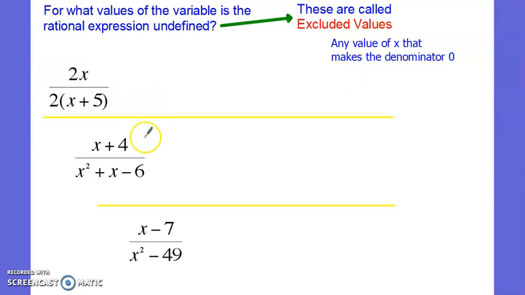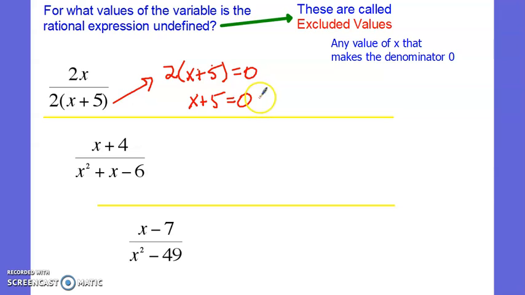So looking at our first expression here, I would have to take that denominator, and if I said 2 times x plus 5 equals 0, well, divided by 2, that's x plus 5 equals 0. And if I subtract that 5 over, then the excluded value would be negative 5.